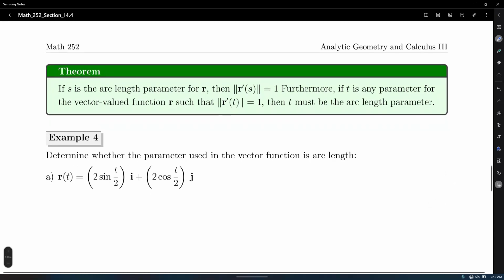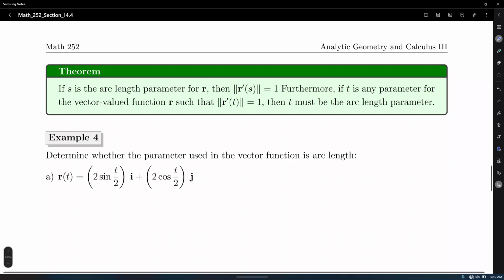Furthermore, if t is any parameter for the vector valued function r such that the magnitude of the velocity equals 1, then t can also be the arc length parameter. That means I can simply change my variable t with the variable s without finding an expression to change the variable t to variable s.